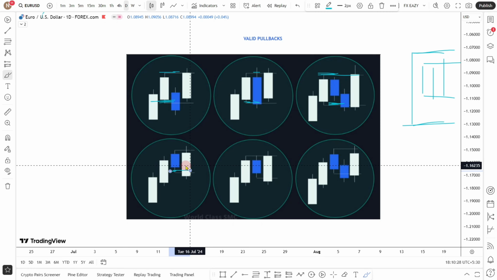It can take liquidity of any candle, but that candle should have formed the recent highest point. Okay, here it is blue, but when you are seeing it on your chart, it might be red. So here blue candles are representing bearish candles and white candles are representing bullish candles.